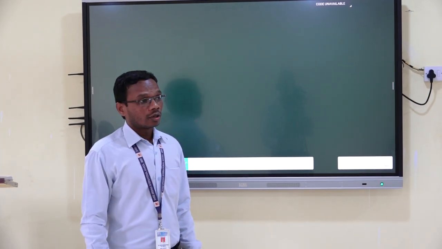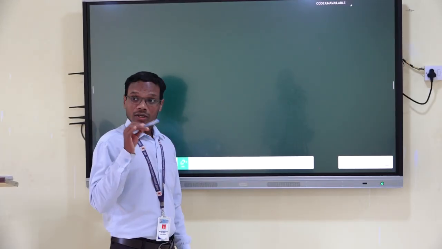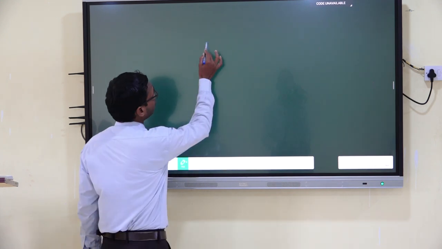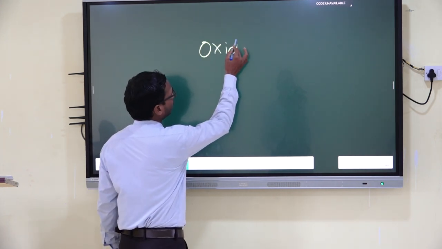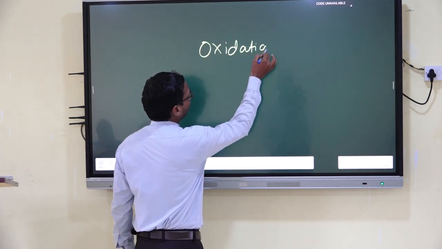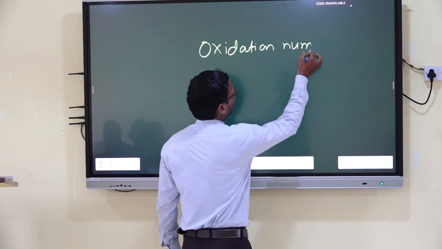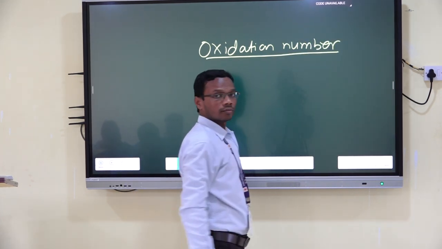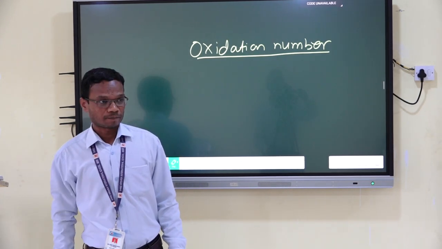Today we will learn about another topic, that is redox reaction related to oxidation number. What is oxidation number? The topic is oxidation number or oxidation state. What is oxidation number or oxidation state?